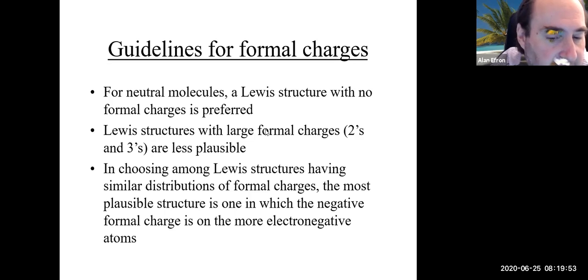If you have structures with really large formal charges, like 2s and 3s, that's less plausible as a good structure. Things holding really large positive or negative formal charges usually indicate it's probably not the best situation.